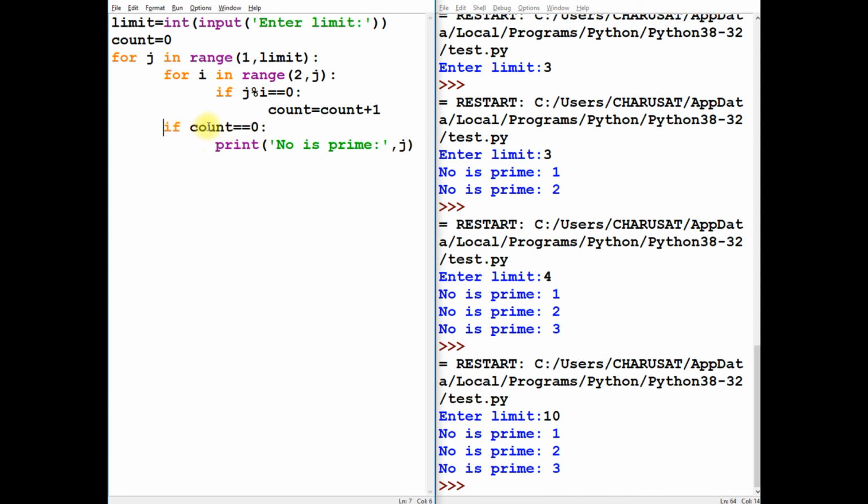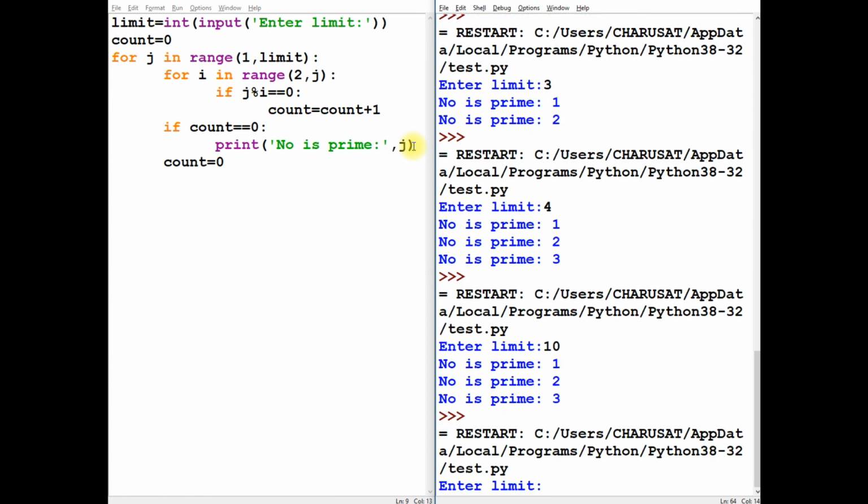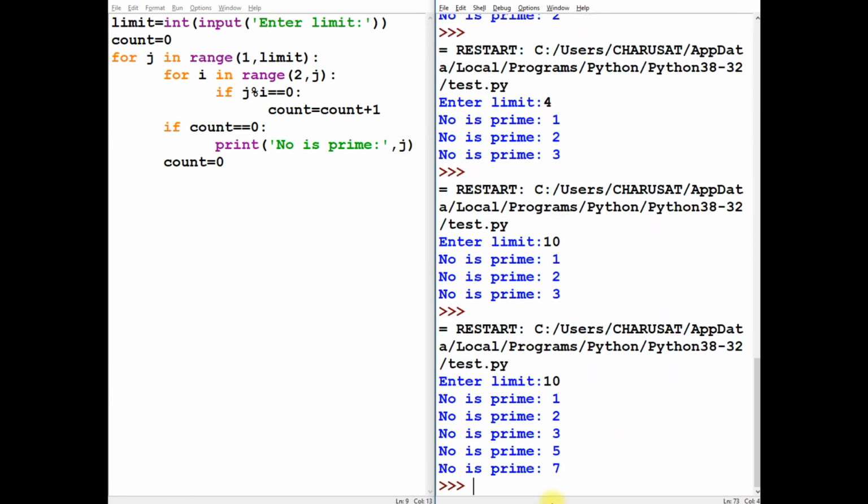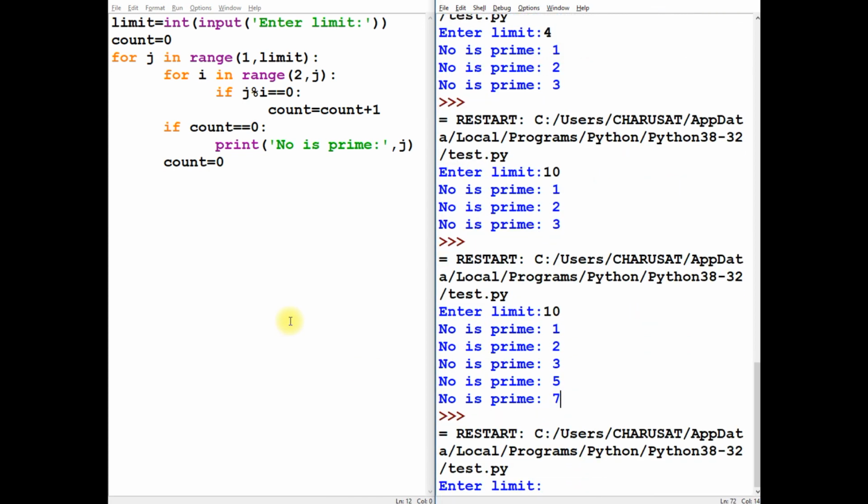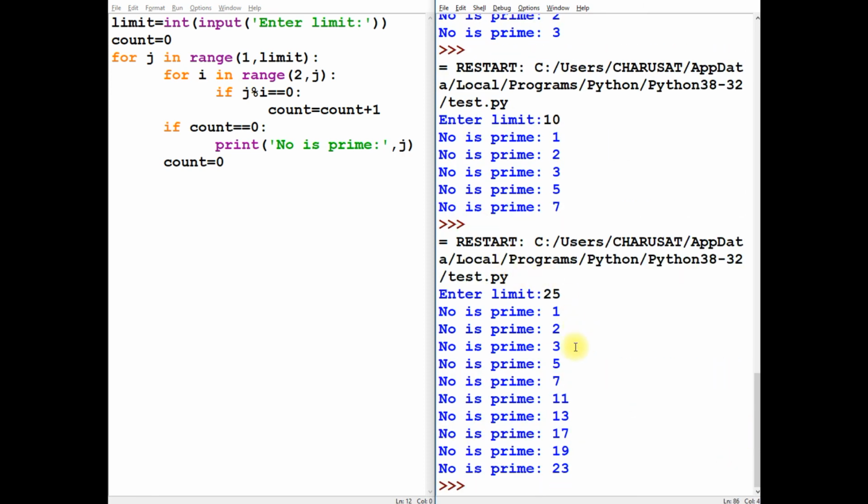I'll reset it over here, after this decision, updating my count to be 0 again. Now I'm running this code again. Let us say I'm entering the number 10. Now you get 1 2 3 5 7. Again running the same code, let us say 25: 1 2 3 5 7 11 13 17 19 23.